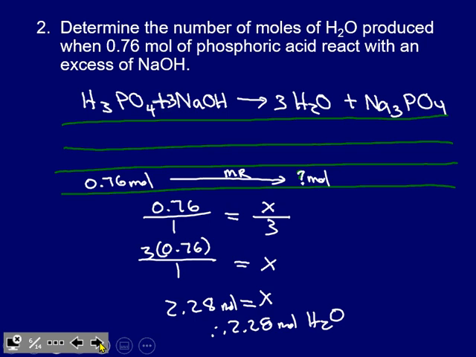Yes, correct. So these numbers here that are on the bottom are the coefficients of the 2 things that I'm studying. The unknown becomes the X, and the 3 goes underneath. That number becomes the top, and the 1 goes underneath. And that tells me what that unknown number is.